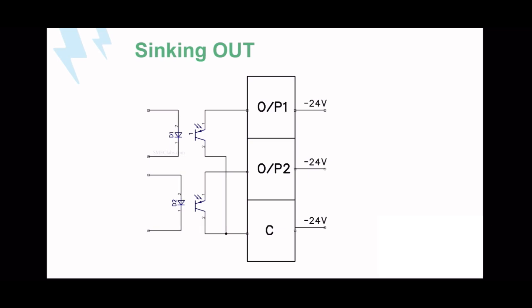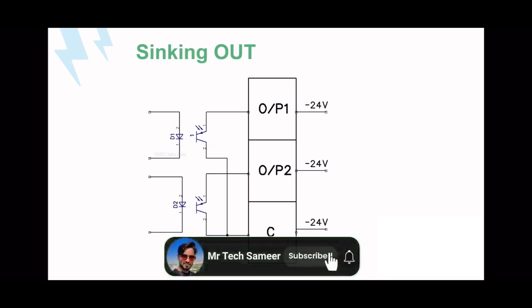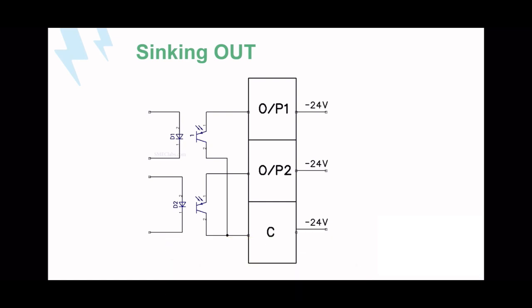Likewise here you can see the negative supply is given on the common side, and this negative comes to the output, with output 1 and output 2 as a loop for completing a cycle. For completing a cycle you have to use the negative to the common, and output 1 and output 2 have the same value as the common.